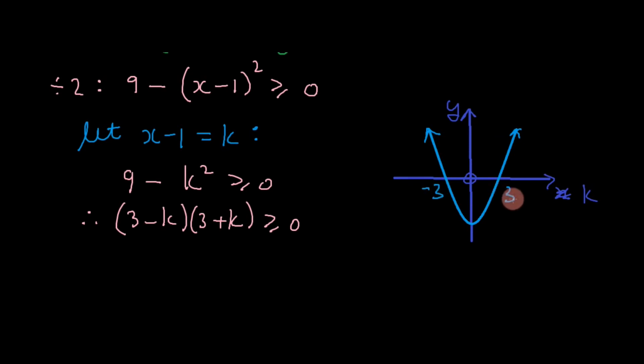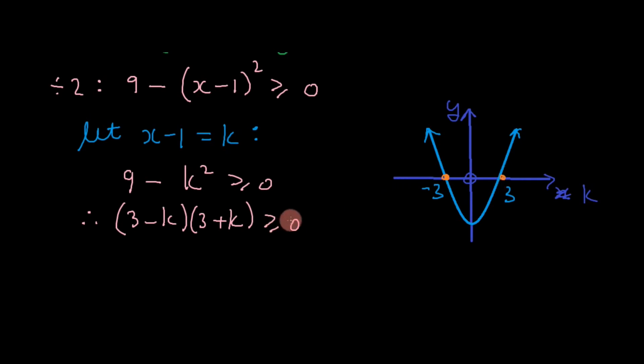-3 and +3. And once again, we want the parabola to be positive. In other words, above the x-axis. So either positive or above the x-axis or equal to 0. It's equal to 0 at positive and -3.